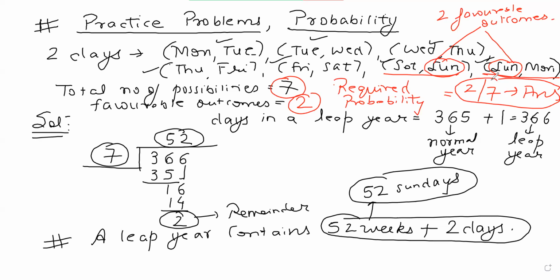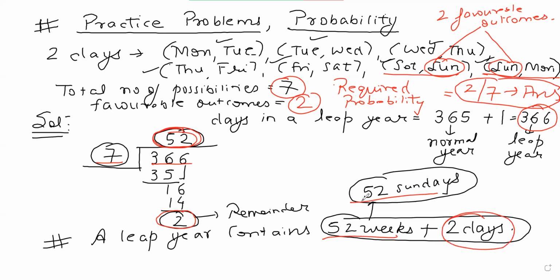I'm revising again. The question was asking us, what is the probability or the chance of having 53 Sundays? Any year will have 52 Sundays for sure. Why? Because the question gives me a leap year. A leap year contains how many weeks? A week contains 7 days. The moment I divide 366 by 7, I get 52. That means it is going to have 52 weeks plus 2 extra days. These 52 weeks will contain 52 Sundays.